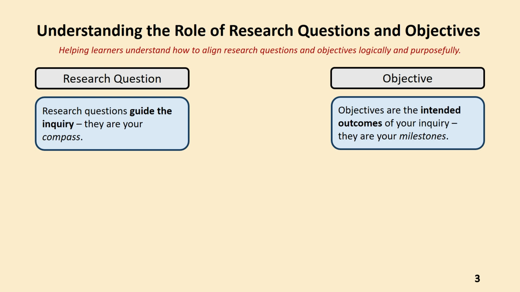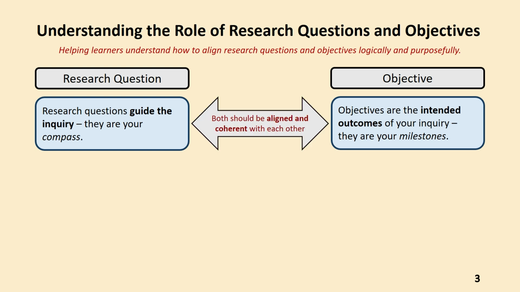On the basis of that you are moving forward, being supported by research question. And similarly, you can see here how objectives are aligning with research question. Objectives are intended outcomes of your inquiry, they are your milestones.